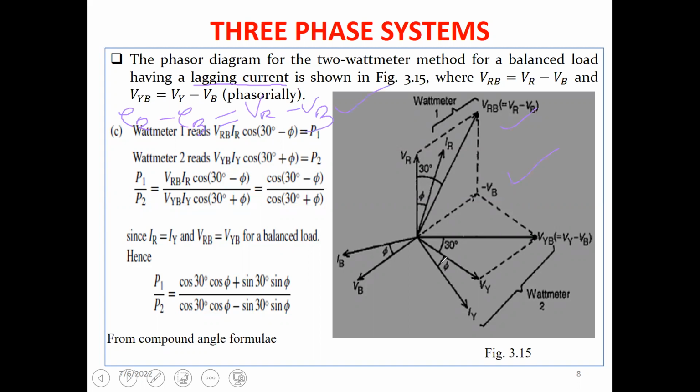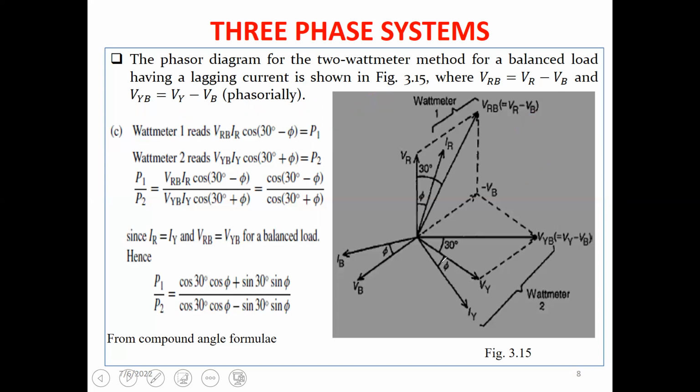And the voltage across the yellow phase and the blue phase is VY minus VB, or EY minus EB. These are added and subtracted Phasorially, using the Phasor diagram.